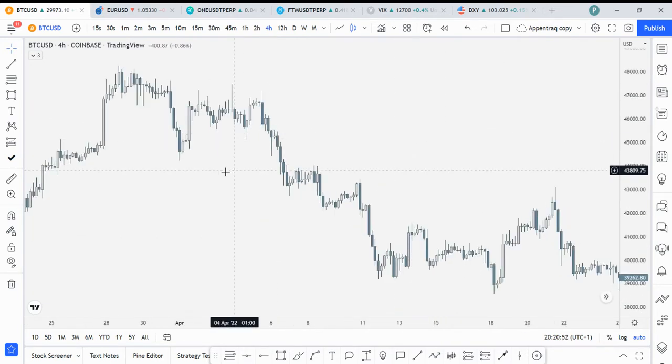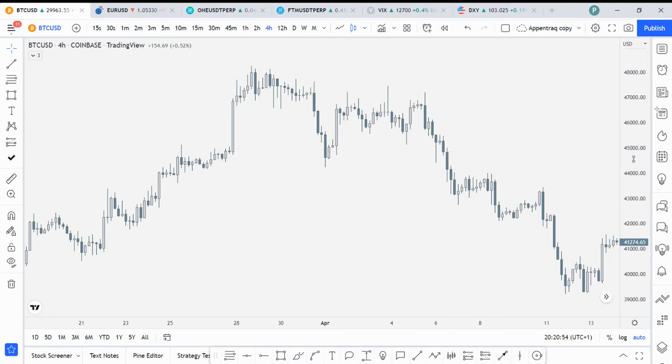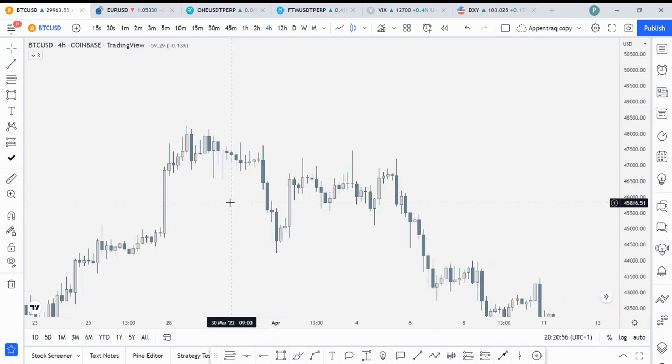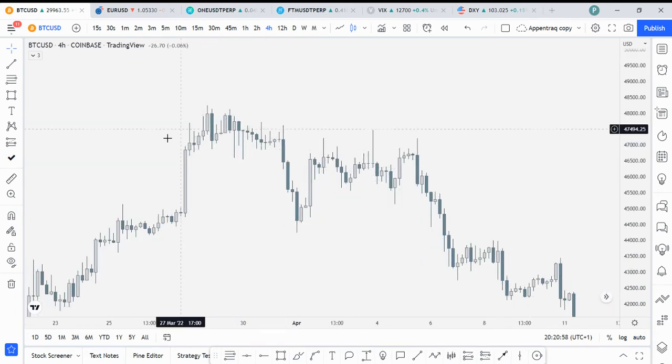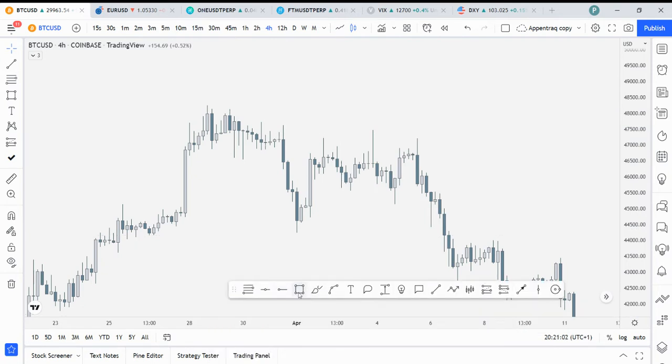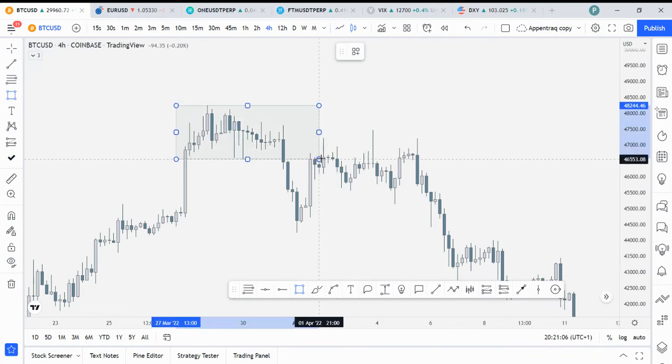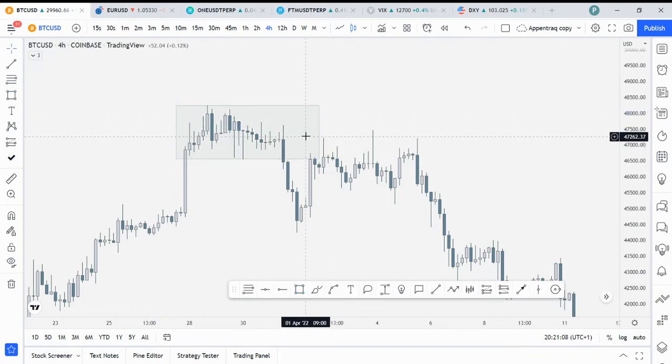Okay, you can see from here that price is caught within a range. The whole of this is a range. From the high to the low, the whole of this area is the supply zone.